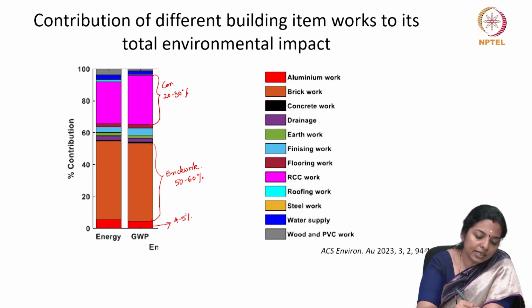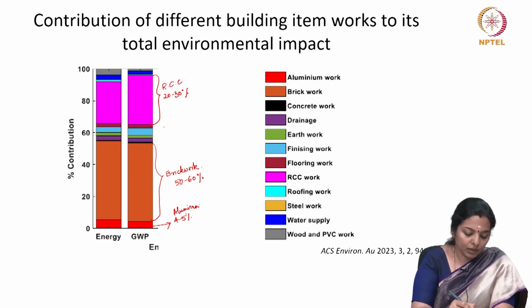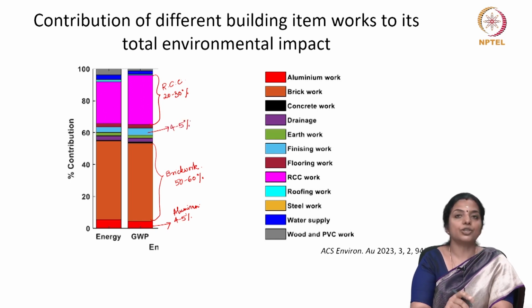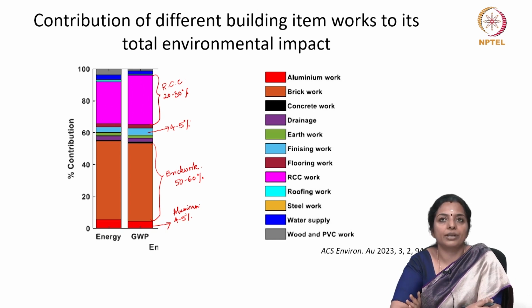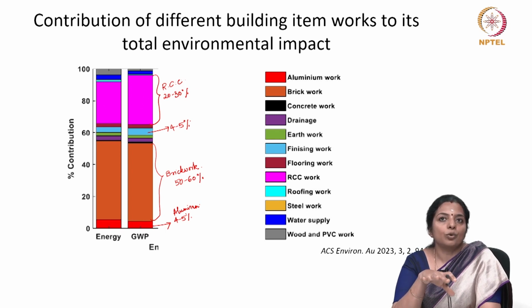So, this is RCC, and this is aluminum. Finish work also contributes about 4 to 5%, because the choice of the material becomes very important there. And these materials contribute the most to the total environmental footprint of the building for energy and global warming potential.